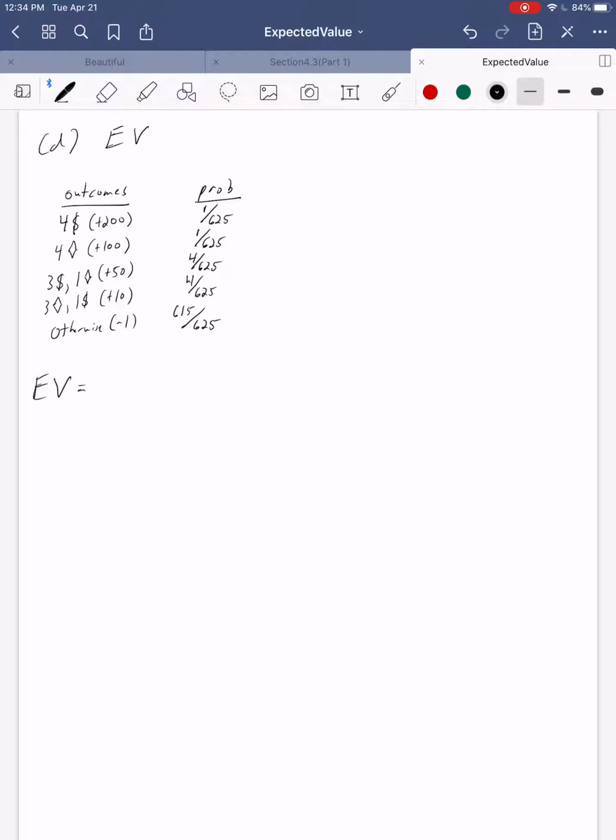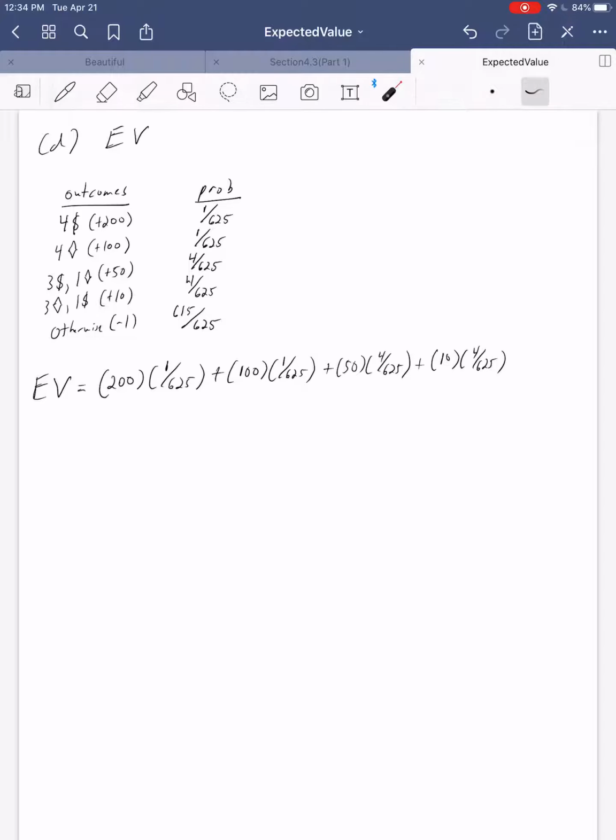That's 200, 1 out of 625, plus 100 times 1 out of 625, plus 50 times 4 out of 625, then plus 10, 4 out of 625, and then our last one, minus 1 and the 615. So plus minus 1, 615 out of 625.